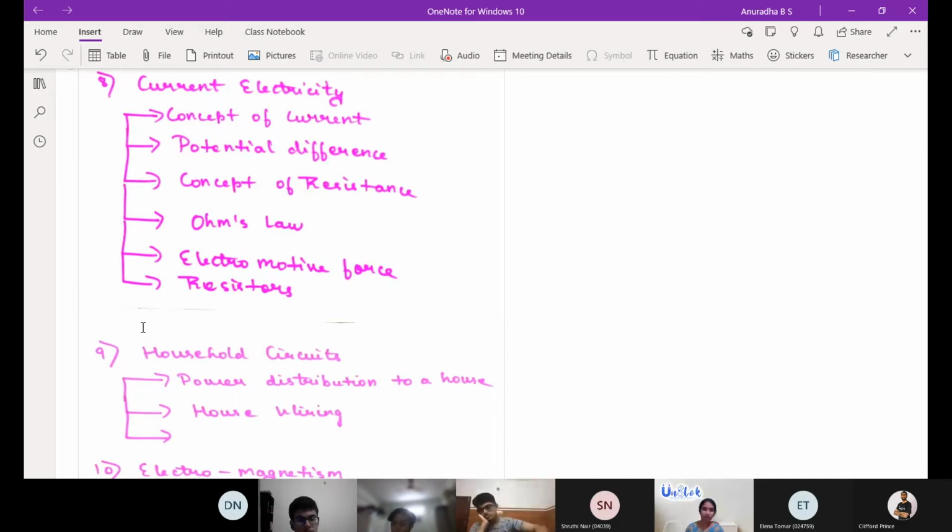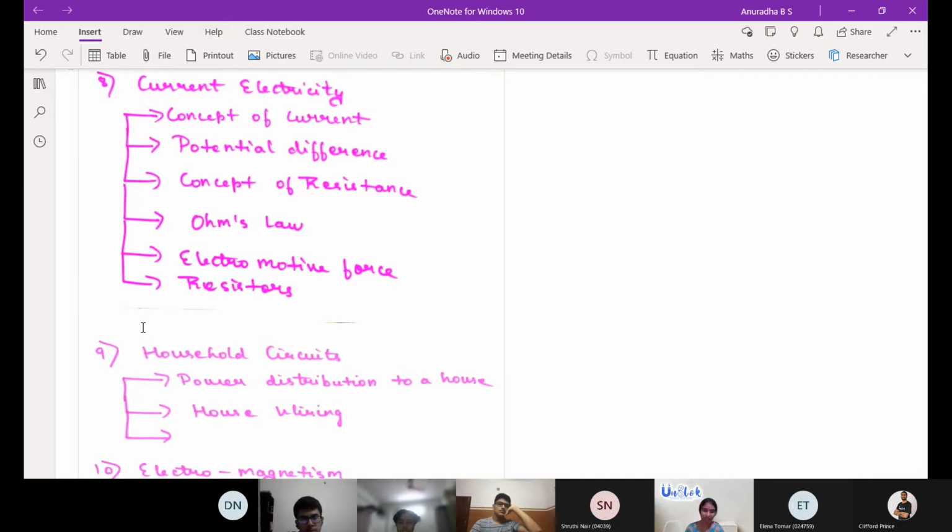You will be learning it in the current electricity unit. Only if the electrons are flowing continuously are you able to produce current. So that is electromotive force.